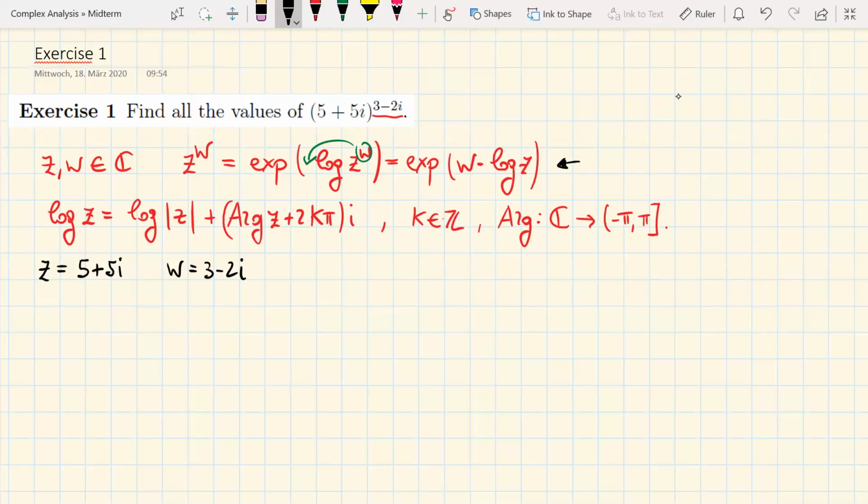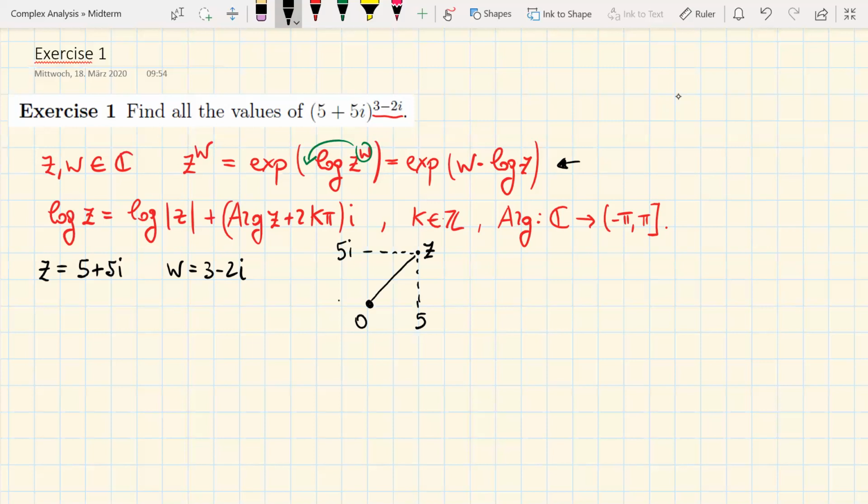So let's see this in a picture. If here is the origin, then we go 5 units to the right, 5 units above, and this is my number z.